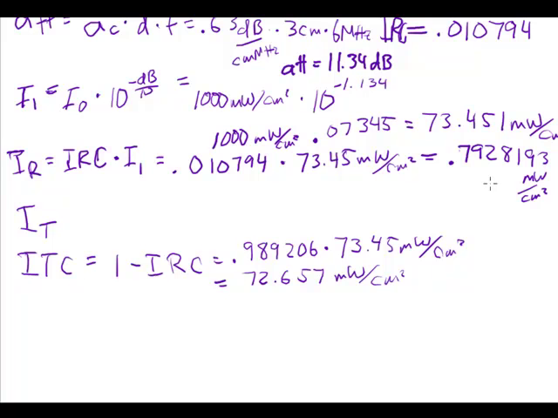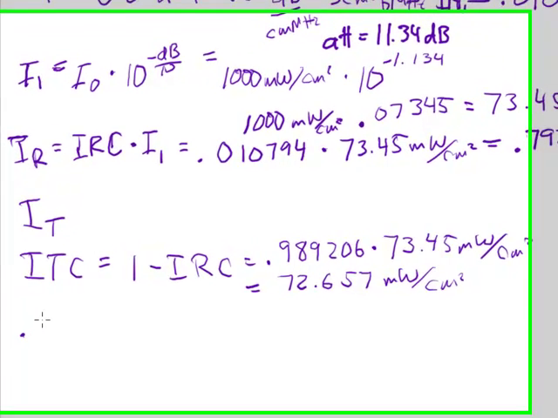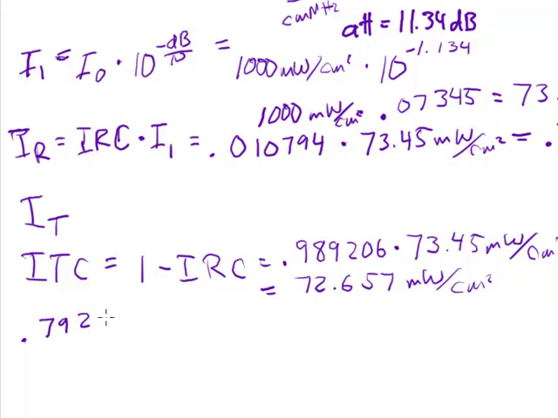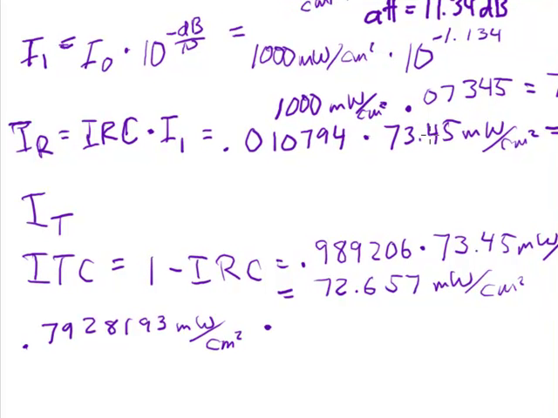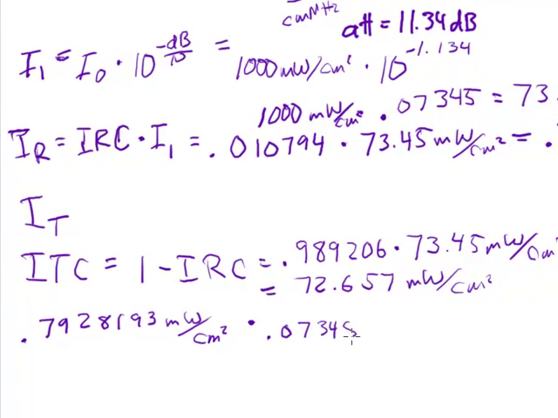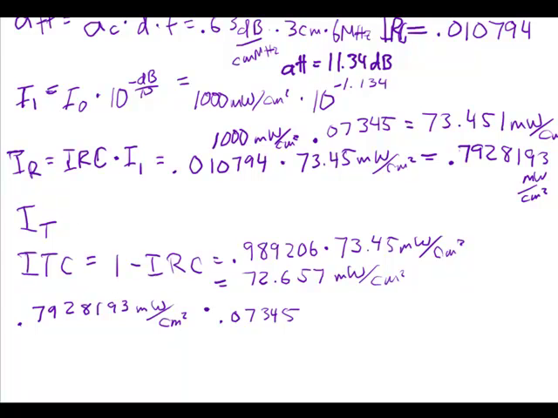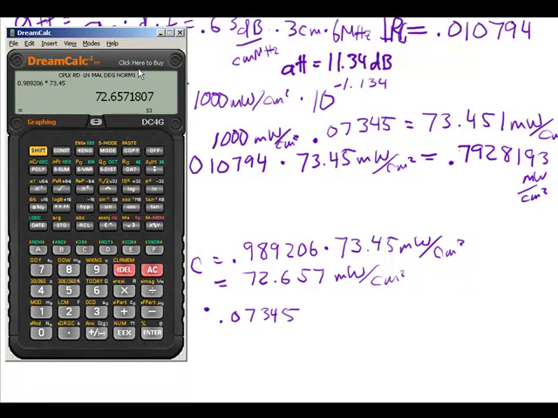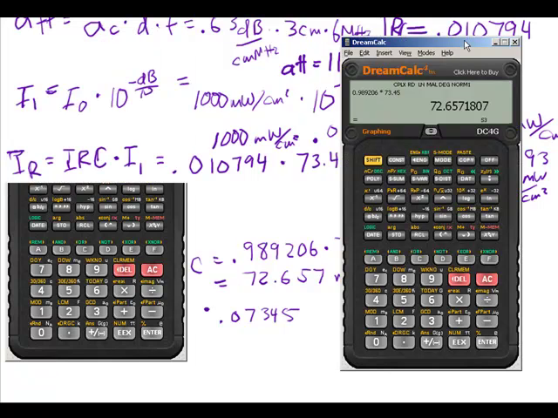Okay, and so we're starting with a reflection of 0.7928193 milliwatts per square centimeter, but we're going to attenuate the same amount as when it passed through here. When it goes back up, it's going to attenuate the same amount. So I multiply by 0.07345, the amount that it's attenuated, and so let's do that.